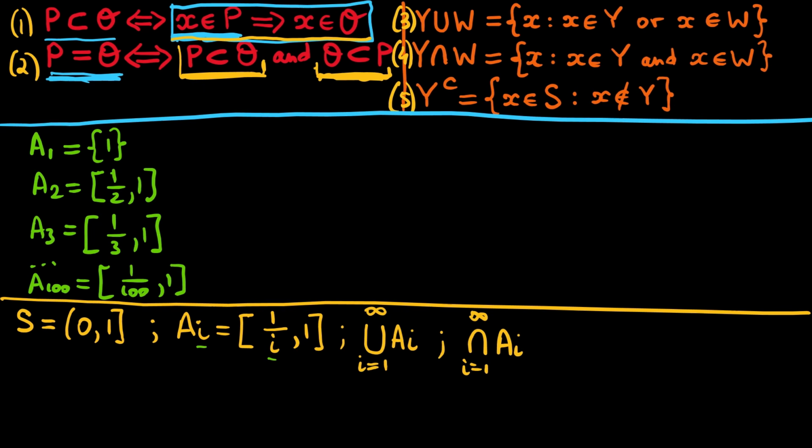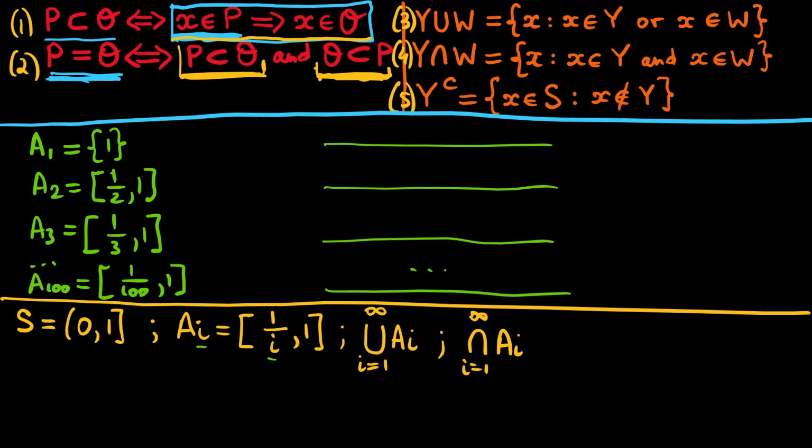Okay, well, I think if we looked at these graphically, if this is the interval between 0 and 1, then the set A1 corresponds to just the point at value 1.